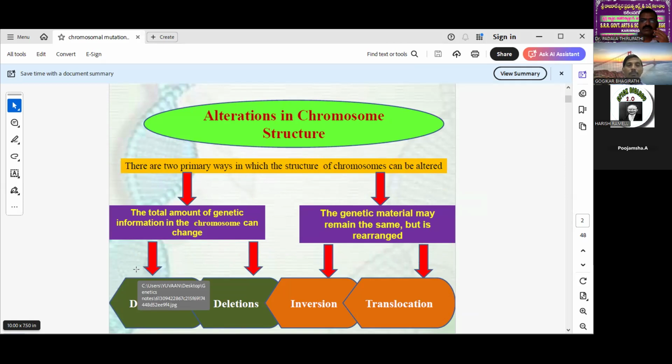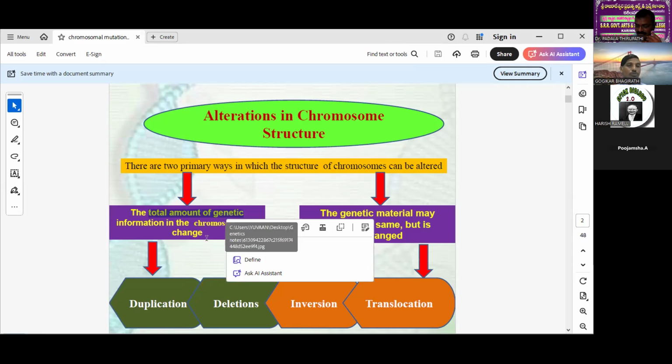If, in a haploid set, after the change, one chromosome contains more genes than previously, that is a change in the total number of genes in the chromosome.